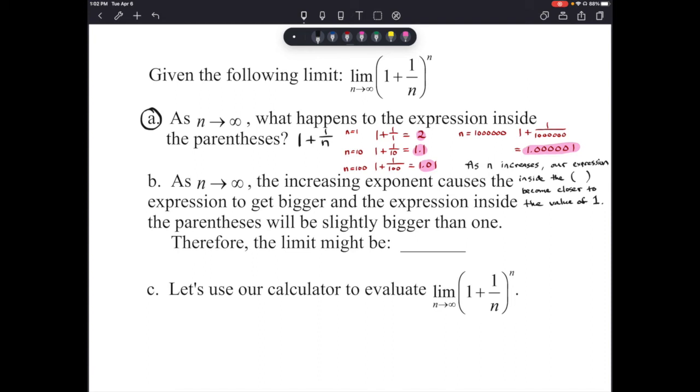Right, as we continue to add more and more zeros in between the decimal and the 1, they're becoming smaller and smaller pieces.